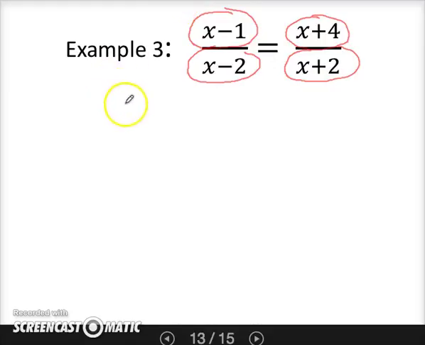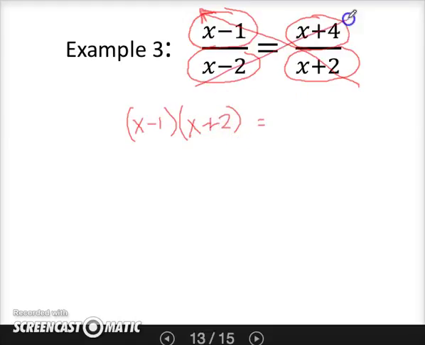But let's just dive in and try it. So for this cross multiplying step, we can say x minus 1 times x plus 2, the quantity. On the other side of the equal sign, we have x minus 2 times x plus 4.